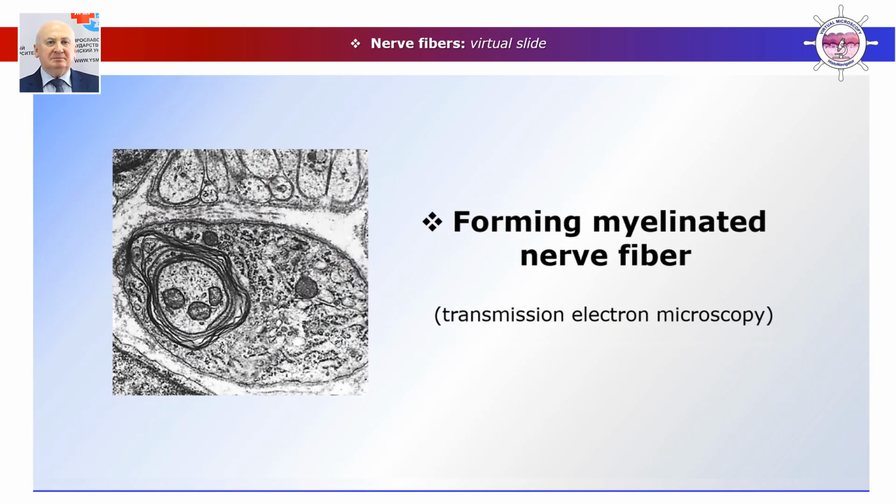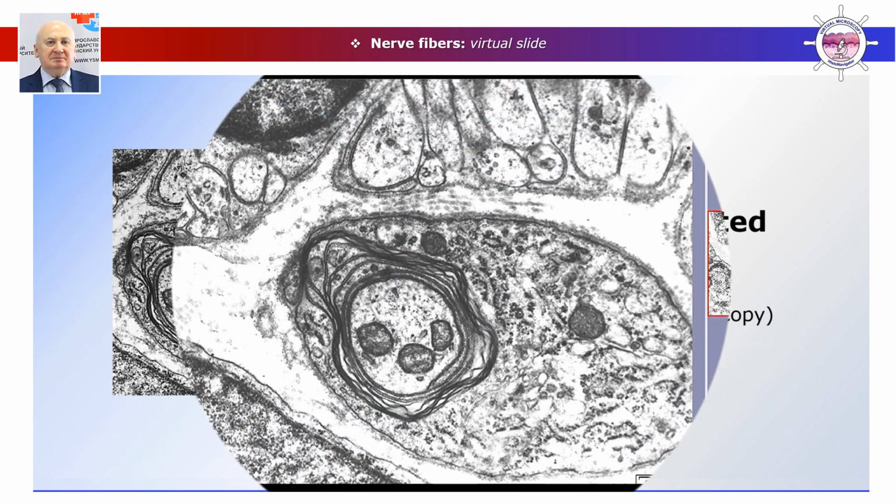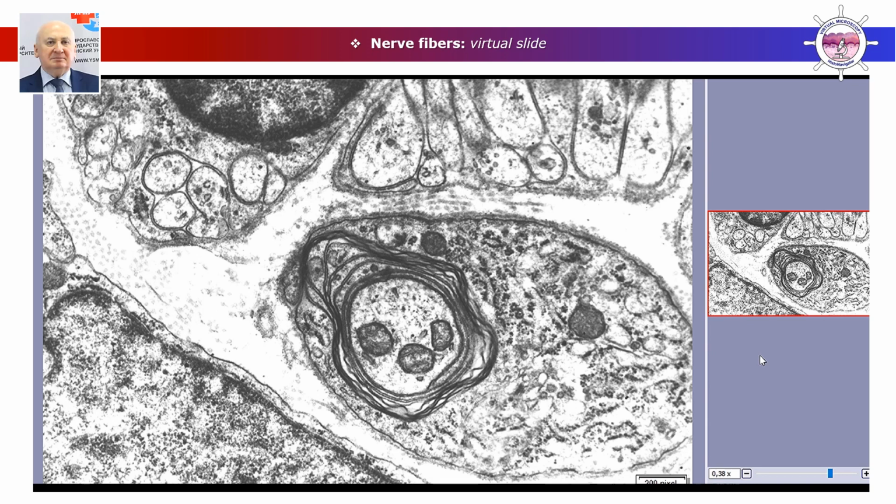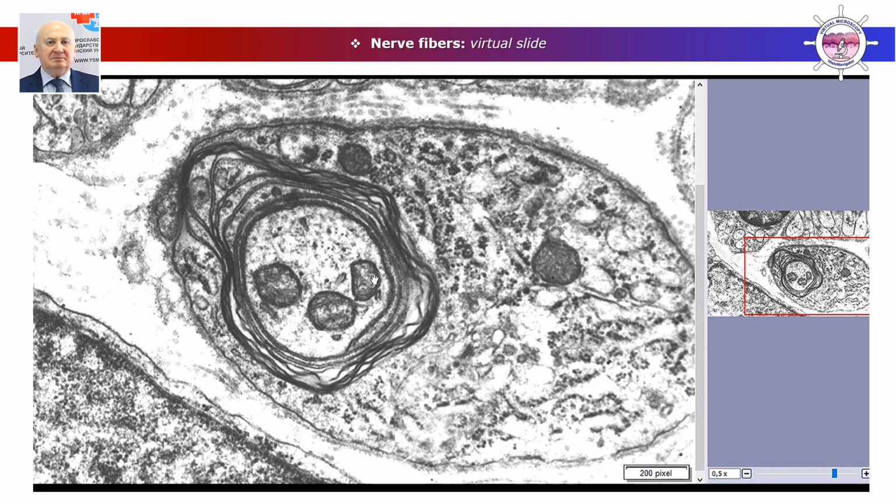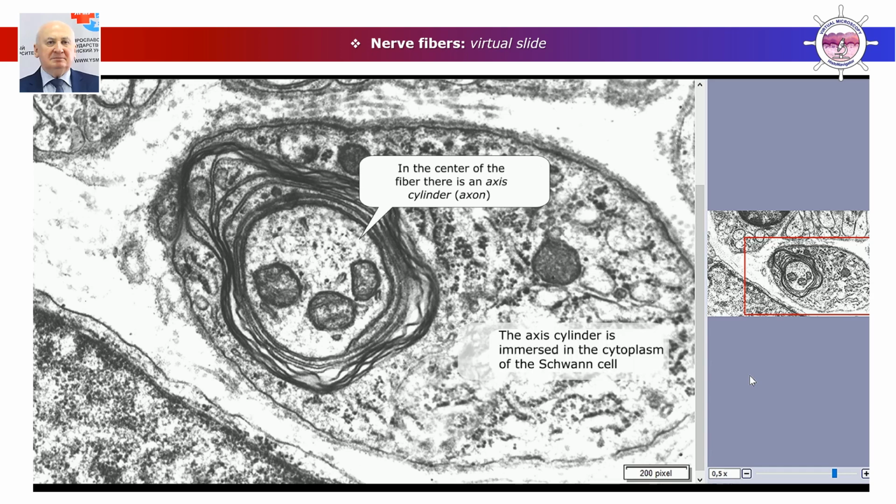Myelinated nerve fiber cross-section, ultrastructure, forming myelinated nerve fiber. In the center of the fiber there is an axis cylinder, axon. The axial cylinder is immersed in the cytoplasm of the Schwann cell.